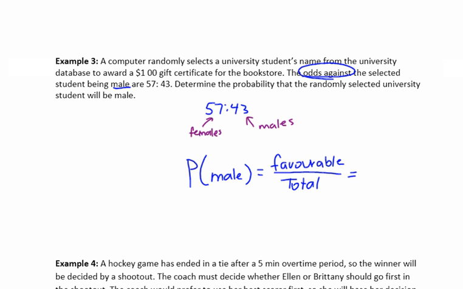How many males occur? 43. And how many total people are there? To get our total, we always add those together. What's 57 plus 43? 100. So 43 out of 100, or 43%, or 0.43.